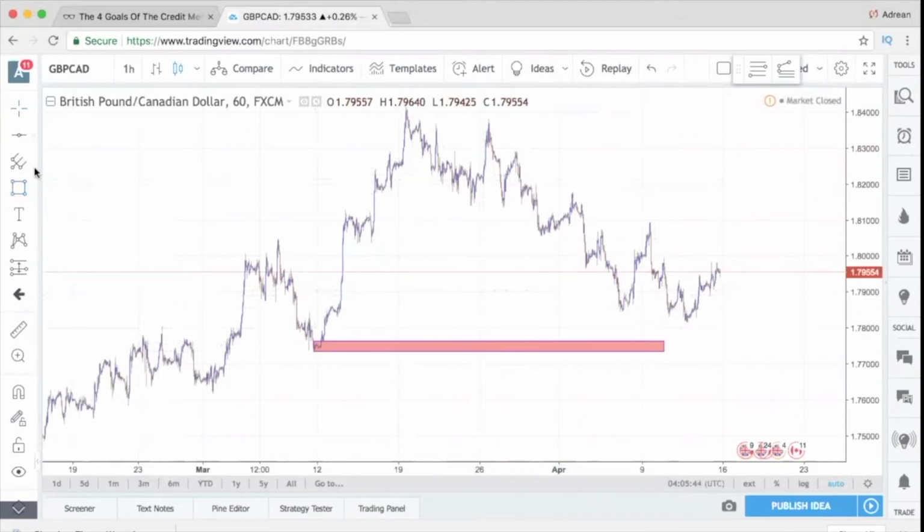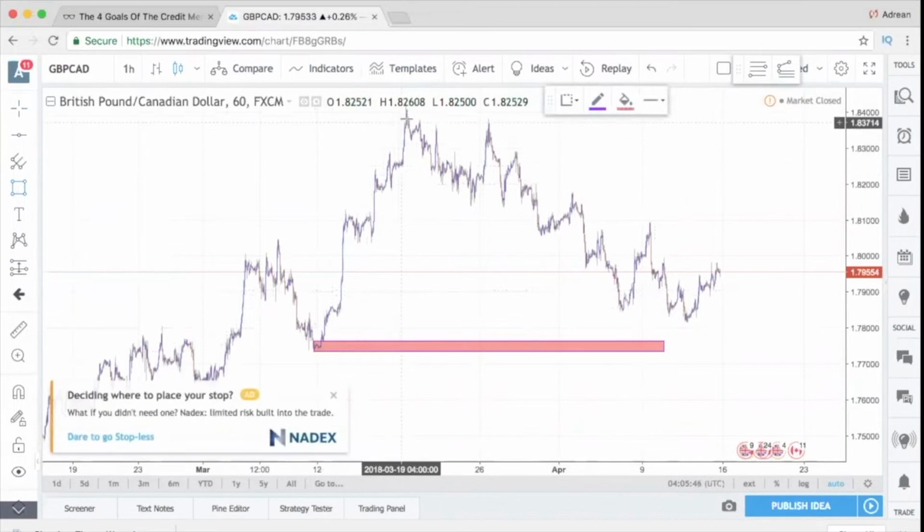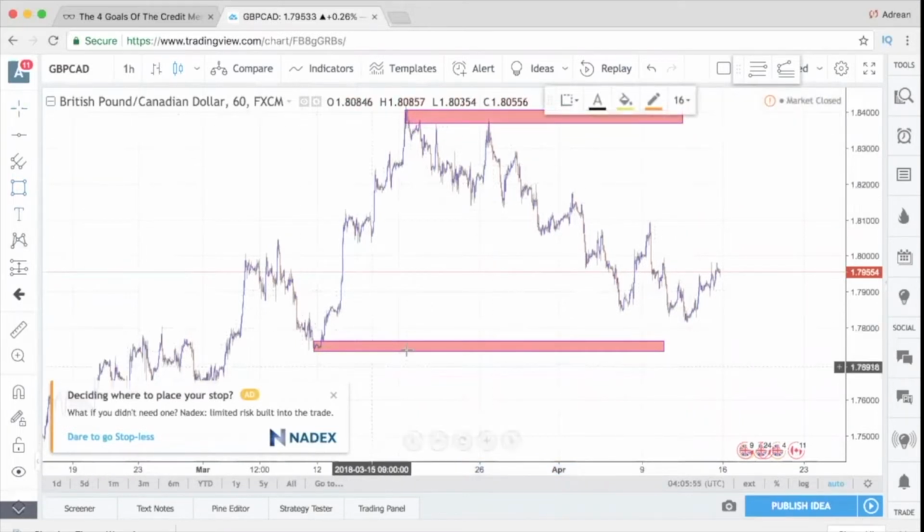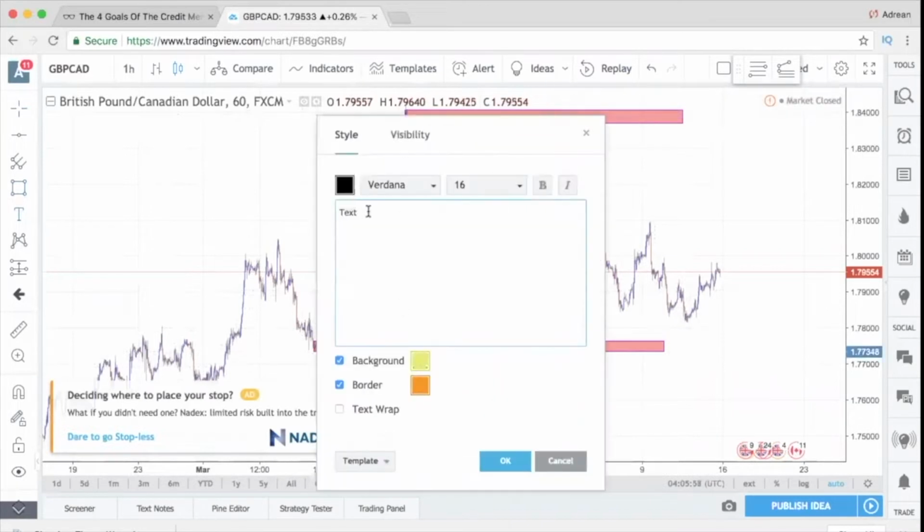Anytime when you get to your highest point before a huge breakout to the downside, that will be your supply. Let me label that right there for you, so that way you know. Anytime when you are trying to identify a bottom before a rally, it's going to be your demand.